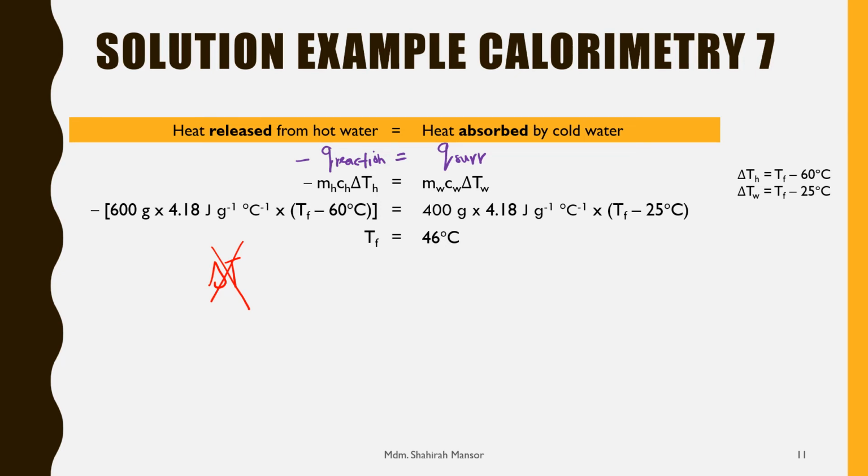Kerana delta T kita ini, dia punya kandungan dia, okay, konstituen dia adalah berbeza. Okay, T final dia sama, tapi T initialnya tidak sama. Okay, so you cannot find the delta T. So instead of doing that, maka you kena carilah nilai T final ini sahaja. Okay, so this will be your final answer.